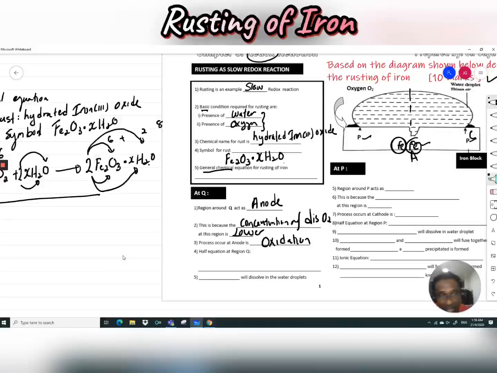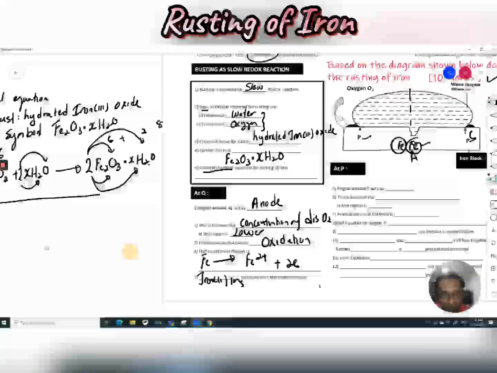This iron atom will undergo oxidation, where Fe becomes Fe2+. The atom loses 2 electrons and turns into the iron(II) ion. Once it has lost electrons, the iron(II) ions will dissolve in the water droplet.